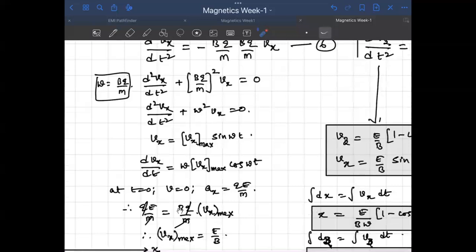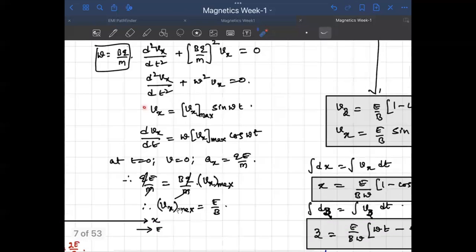Boys and girls. Next. Now you do the differentiation of this. dvx by dt is omega Vx max cos omega t. We know at t is equal to 0, V is equal to 0, and only acceleration is along x direction, that too QE by m because of the electric field.